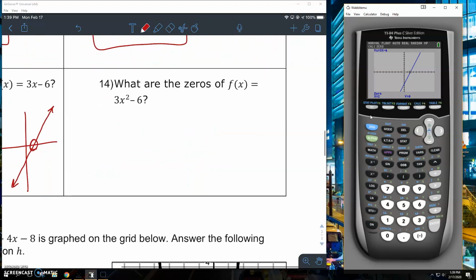Number 14, what are the zeros of 3x squared minus 6? Okay, so it looks very similar to the last one, except this is a quadratic, and so we should have two zeros. If I look here, I can clearly see the two of them.